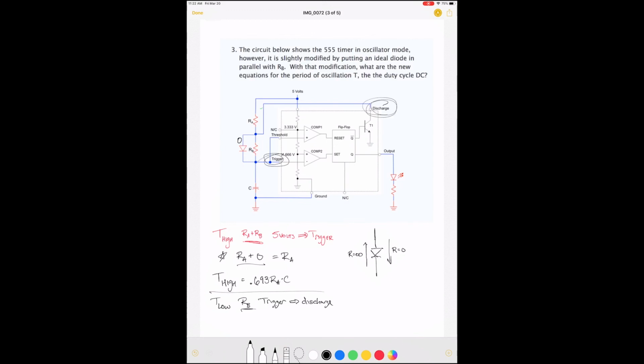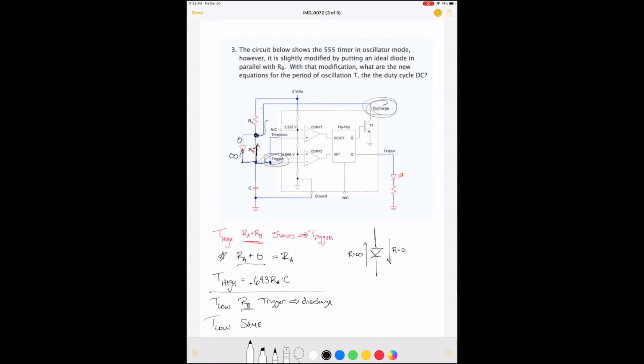To go from those 2 points, we have to go through RB and this resistor, or I guess this diode in reverse. But like we talked about, going through the diode in this direction has an infinite resistance, or acts like an open. So the resistance from the trigger to the discharge, which is connected right here, will just be equal to RB. So the equation for T low is the same as before.